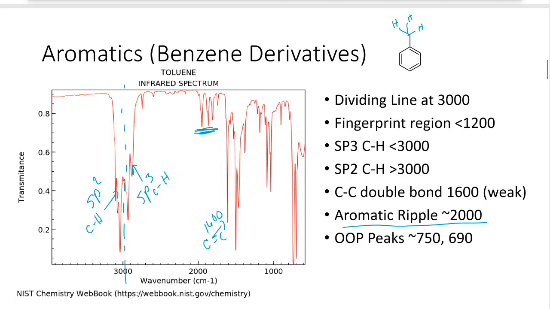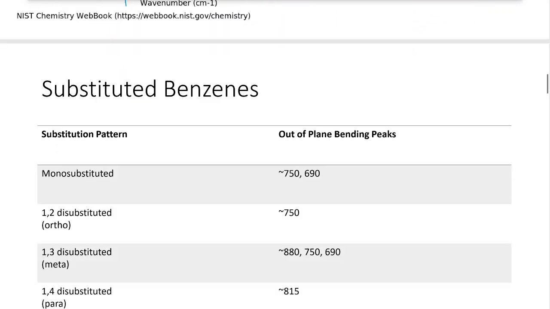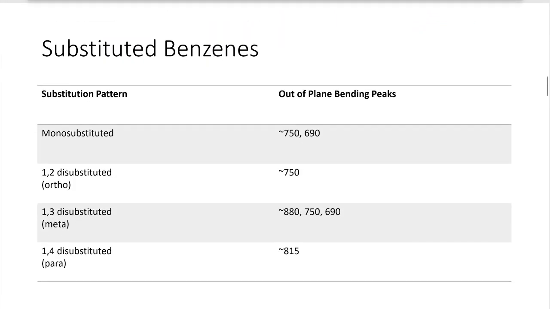If you have a monosubstituted benzene ring, those out-of-plane bending peaks are going to show up at about 750 and 690, which would put them right here in this spectrum. So you can sometimes determine your substitution pattern if you can clearly delineate these out-of-plane bending peaks. For example, the monosubstituted benzene ring shows up at 750 and 690.